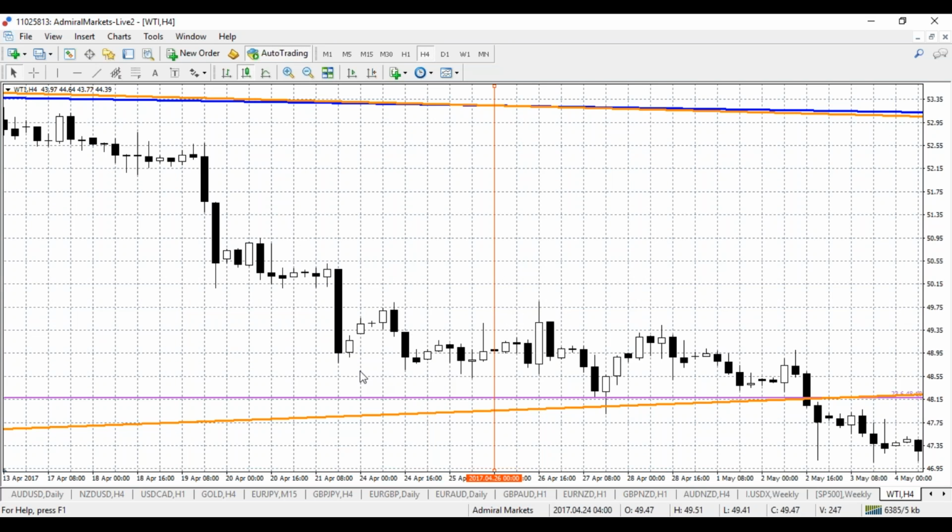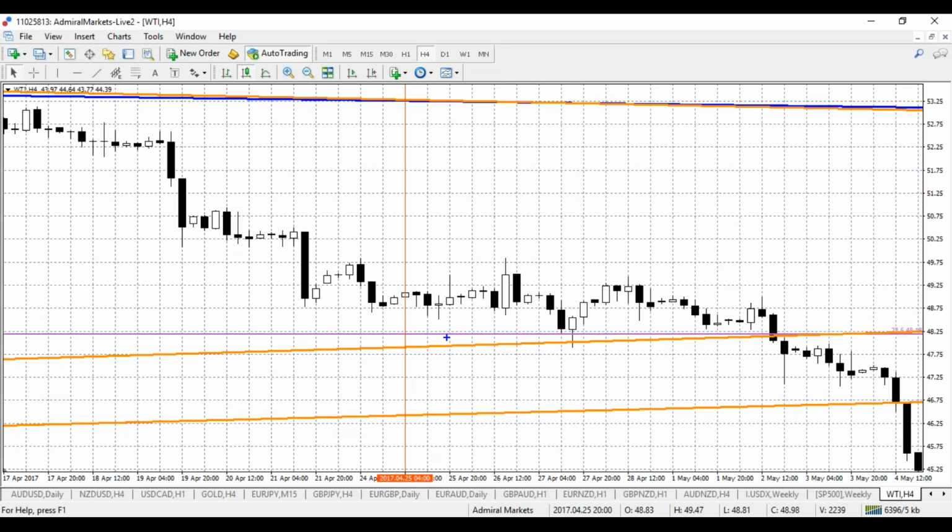And we have more or less lower lows all the time. Looks pretty mild, pretty corrective on this time frame.